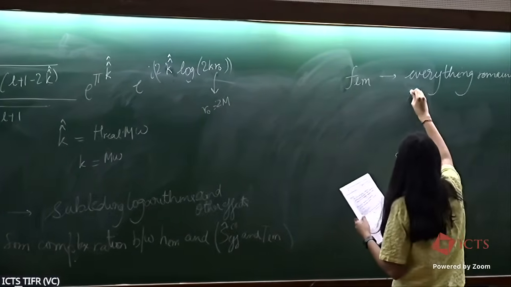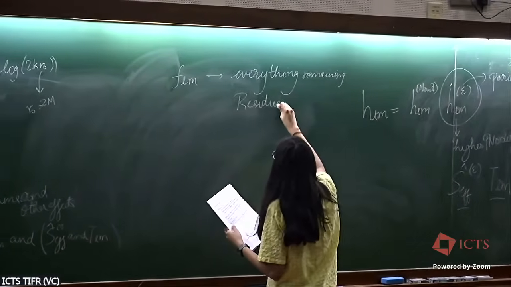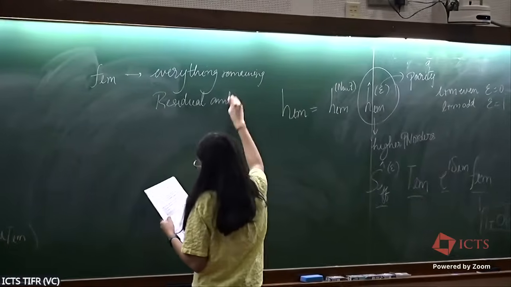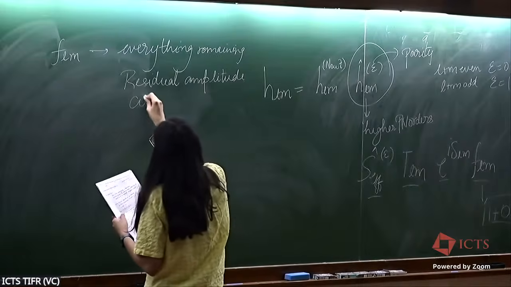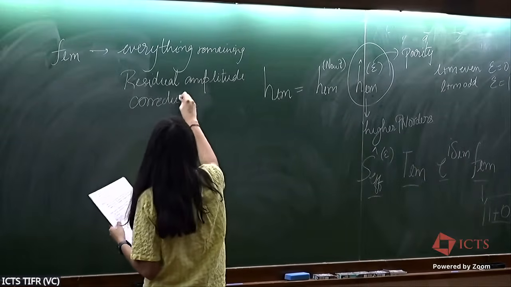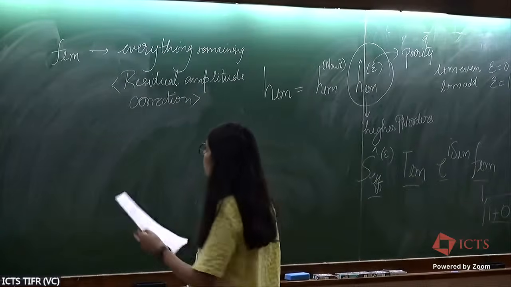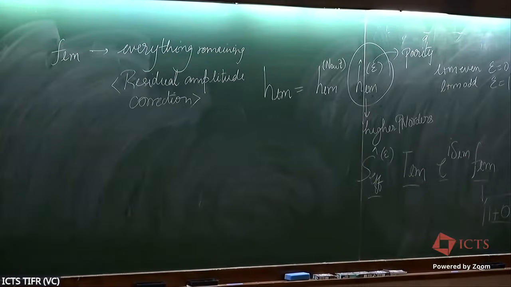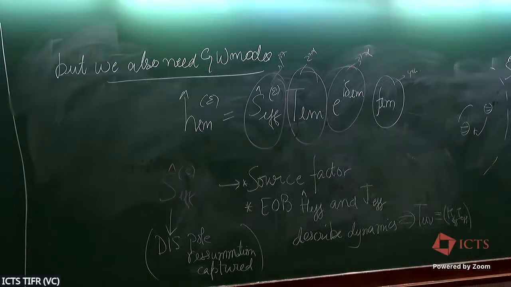Basically the residual amplitude correction. And how we compute this f_lm is we take a modulus of the complex ratio between this h_lm and all the three terms that we computed. So basically it gives just the amplitude and no phase is there, and every phase effect is included in this delta lm.